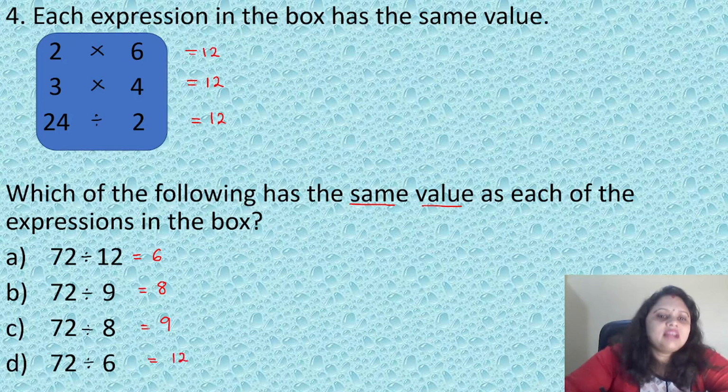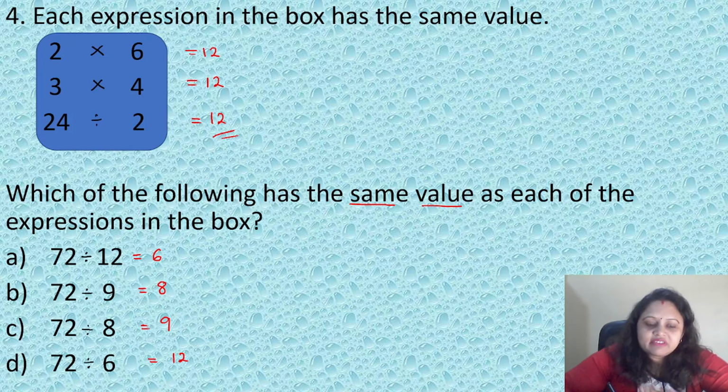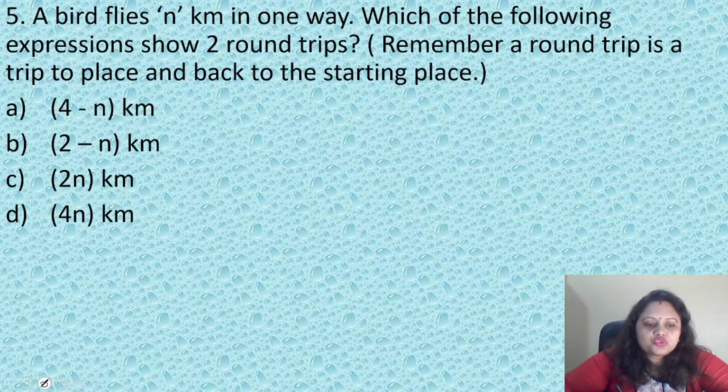So we need the answer 12. Where is it present? It is present in option D, 72 divided by 6. So the correct option is option D. Got it everyone? Let's move to the next question.